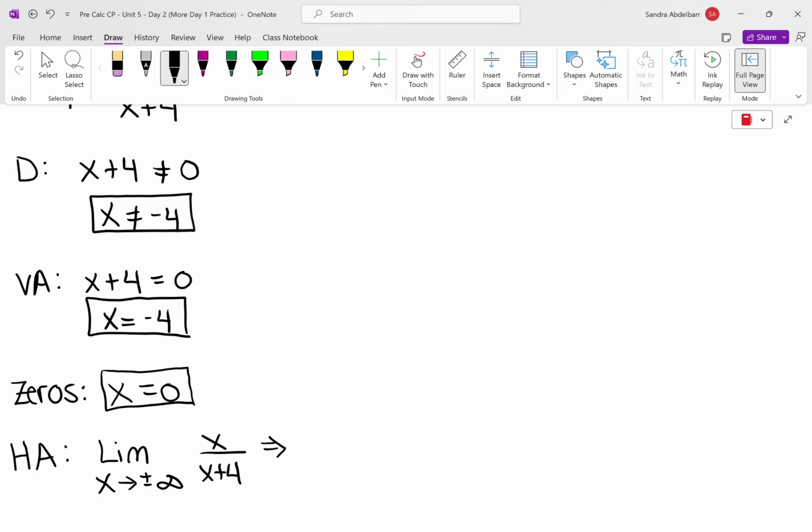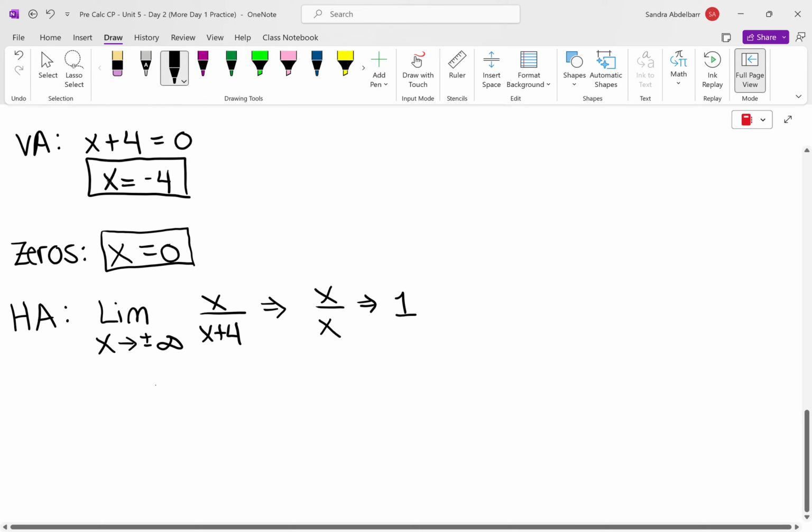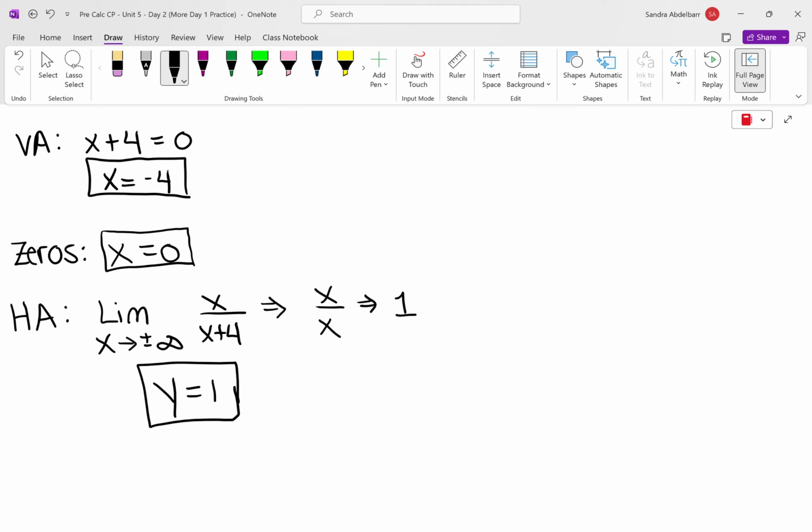But remember, whenever you're taking the limit as it approaches infinity, we simplify it down: most influential on top, which is x, over most influential on the bottom, which is x. But what's x divided by x? 1. So that means we will have a horizontal asymptote at y equals 1.